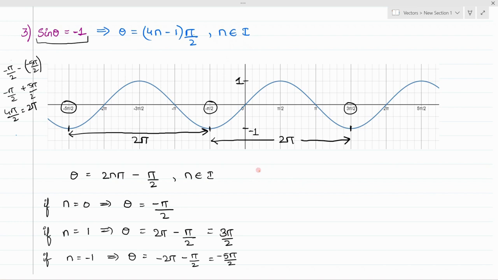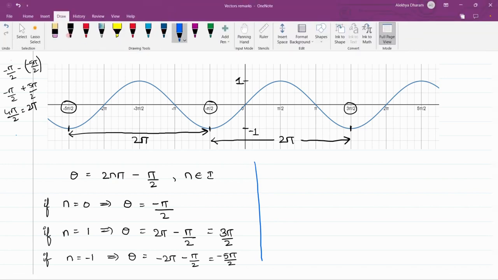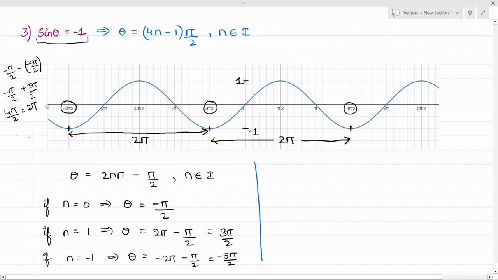But you can also get a doubt. For this solution, we have taken theta equal to minus pi by 2 as the basic one. But if theta is 3 pi by 2, let's take that as the basic one.